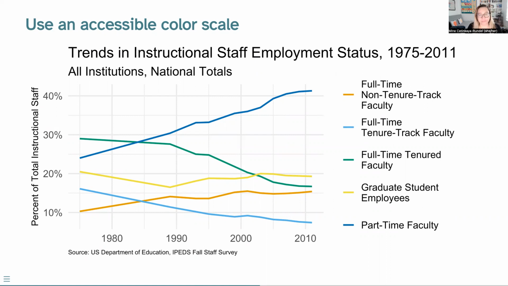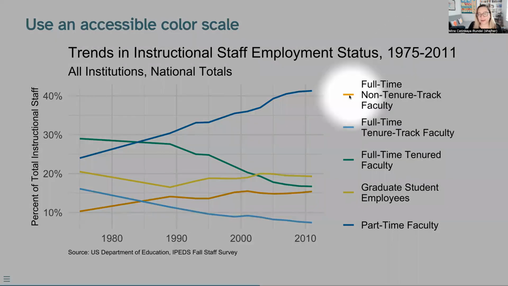And finally, instead of having folks do color matching, because even if you are using an accessible color scale, it can still be hard for folks to see. And also, it takes a little bit of staring at the plot to understand what's happening.